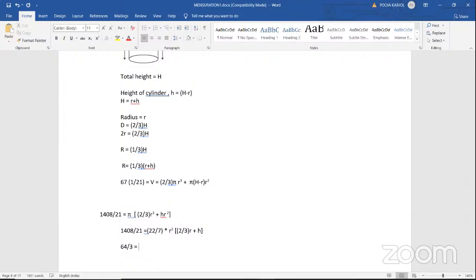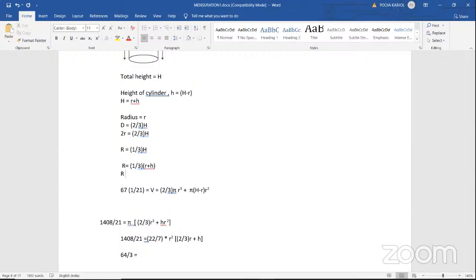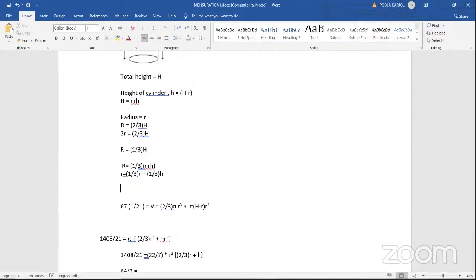This is equal to r square, and what is the r value? R is equal to 1 by 3 r plus 1 by 3 h.